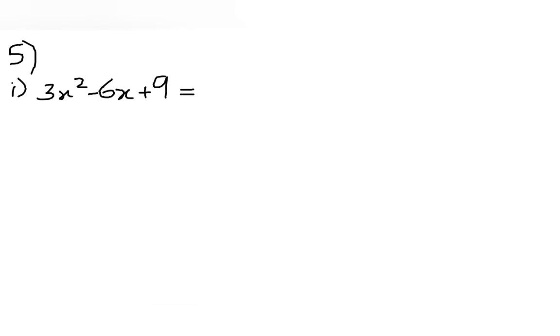So since the degree of p of x is 2, what we will write is g of x will be equal to 3. Since 3 is taken out from this, we are left with x square minus 2x plus 9. So we are left with this.